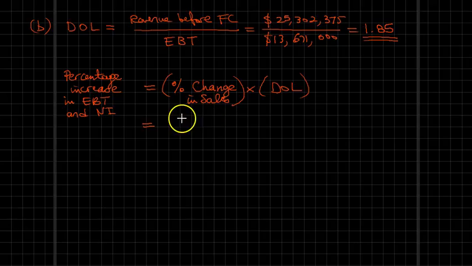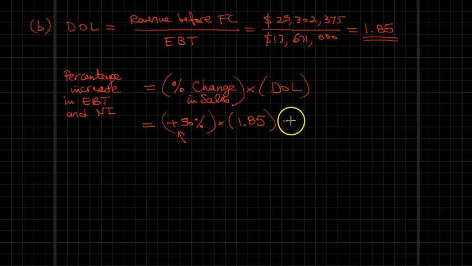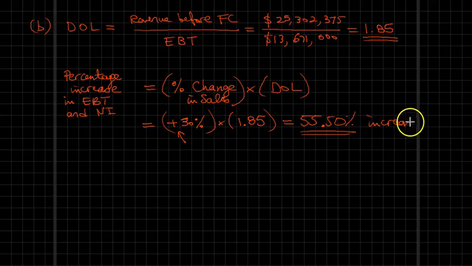Now, the percentage change in sales hypothetically is 30%, a 30% increase, that's why I added that plus sign, multiplied by the degree of operating leverage in the amount, as a factor, which is 1.85. Multiplying these two numbers, we come across the same figure, the same increase in earnings before taxes.